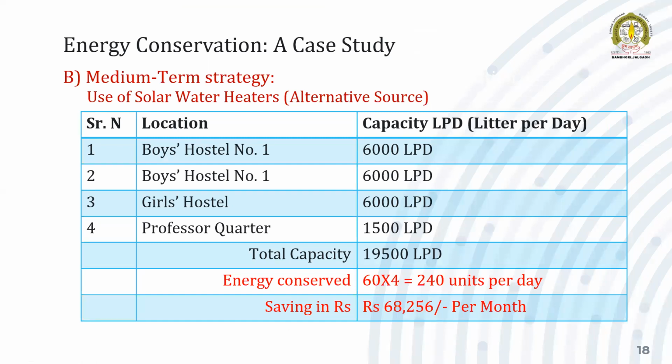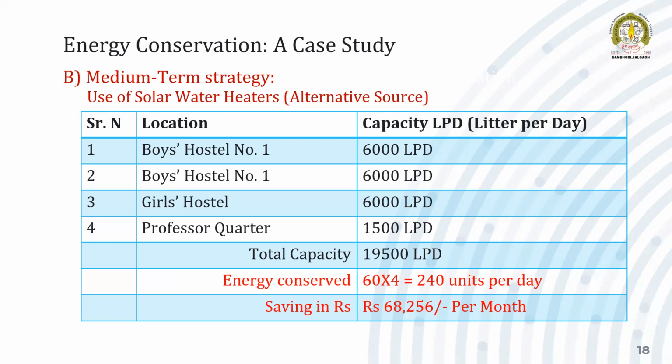Now, the medium term. In the medium term, we have replaced inefficient electrical gadgets by efficient ones or some alternative source of electrical energy. Earlier, we had storage type electric water heaters in different areas, and it was very difficult to maintain their time of operation. Second is the maintenance.